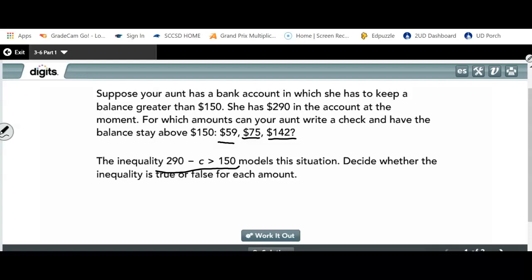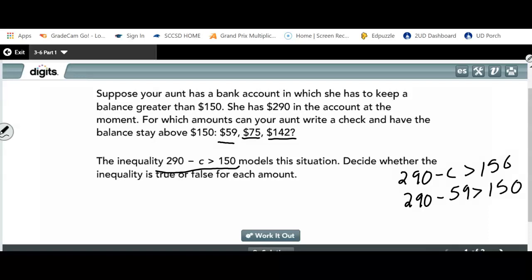In case you weren't sure what to do, we're going to use the inequality 290 minus C is greater than 150. We're going to plug in these amounts that we wrote a check for into the inequality using substitution and see if it's a true statement. So 290 minus $59, is that greater than 150?